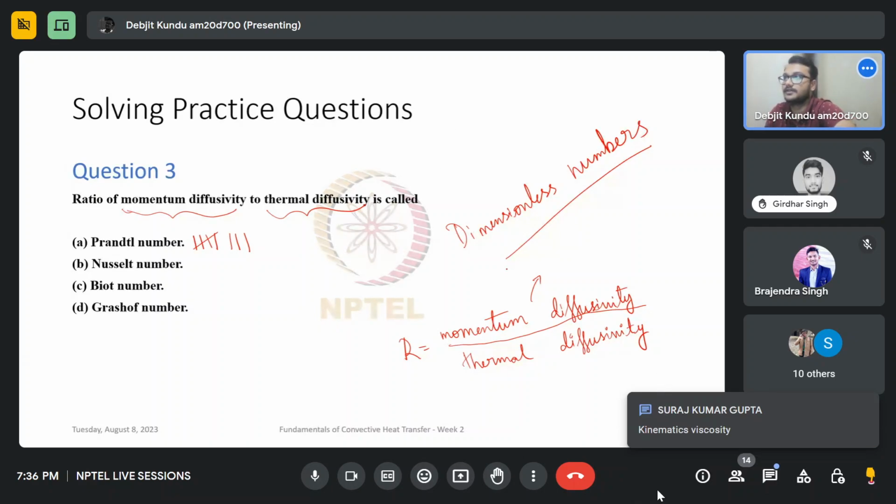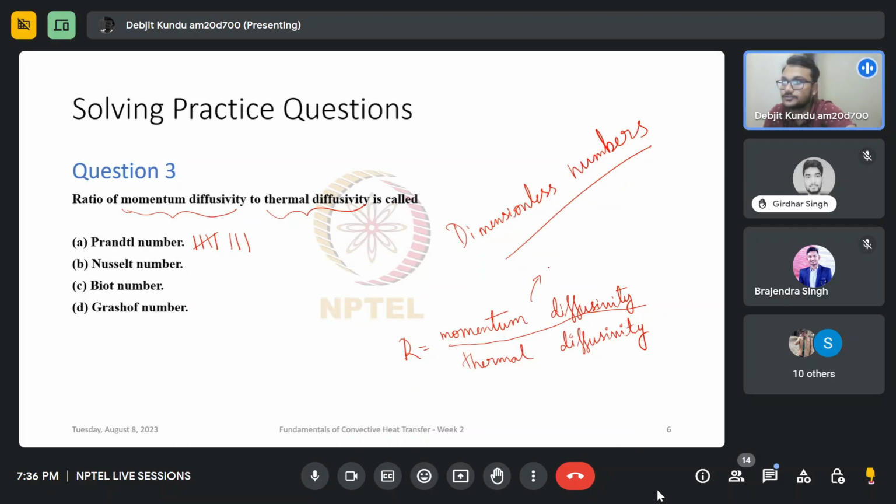So, kinematic viscosity, which is the Greek symbol that we use to denote it. It's nu, right? Which is equal to mu over density. This is the kinematic viscosity. And what is the Greek letter which we use to denote thermal diffusivity?